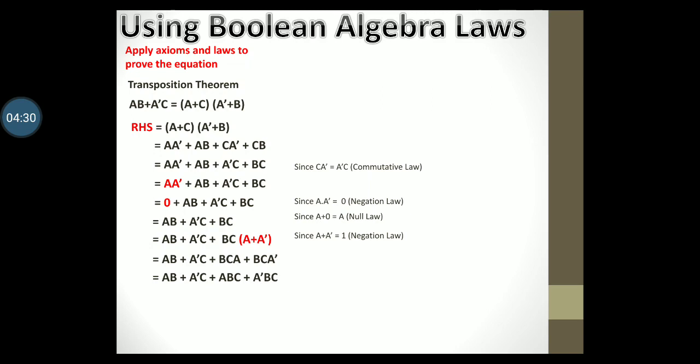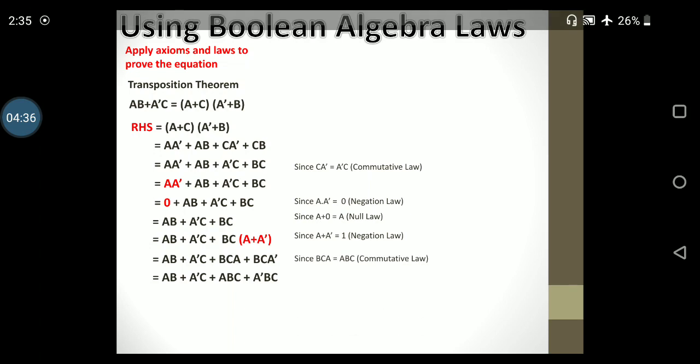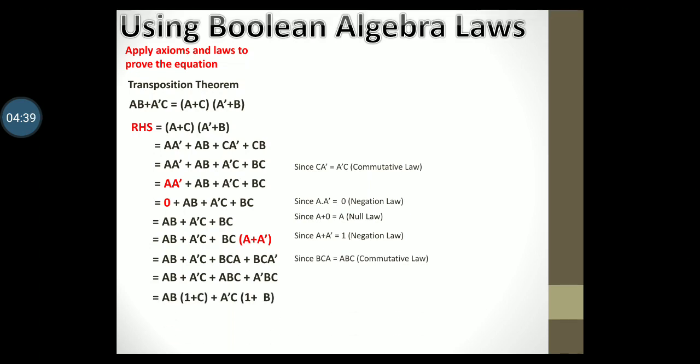Clearly, you can see that there are some terms which can be taken common, that is AB and A bar C. And using the identity law, that is 1 plus C is equal to 1 and 1 plus B is equal to 1, we are left with AB plus A bar C, which is nothing but the LHS. And this successfully proves that LHS is equal to RHS.